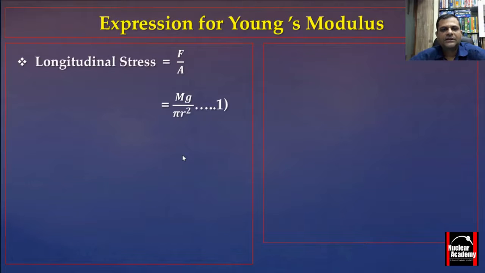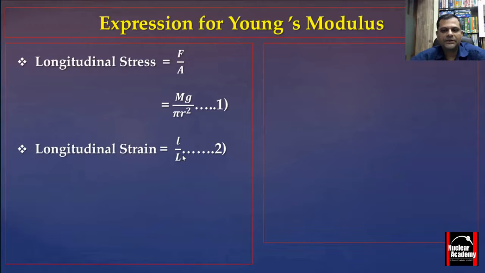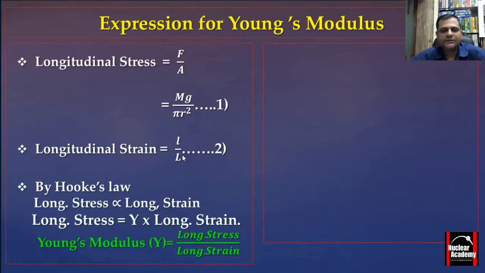Next thing is the expression of Young's modulus. We know that longitudinal stress is defined as force upon area. If m is the mass applied on the body, and r is the radius of the cross section of the wire, then mg upon pi r square will be the formula for longitudinal stress.